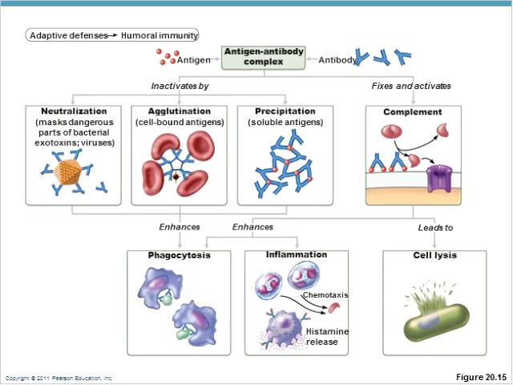Neutralization, agglutination, precipitation, development of complement, if you will, and ultimately phagocytosis, and the inflammatory response enhances that, the goal being to kill the cell, basically. So the idea is the cell dies eventually, and it goes through those four mechanisms, which ultimately develop into that inflammatory response, which enhances the phagocytosis, which enhances that cell lysis.